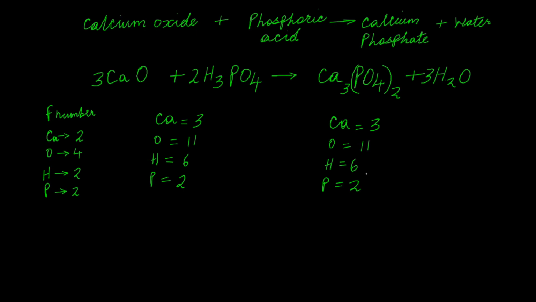Is that clear? So what's the rule for balancing? Let's quickly write down. Number 1. Find the frequency numbers. That's the number of compounds which contain the element. Clear? We call it the F numbers.